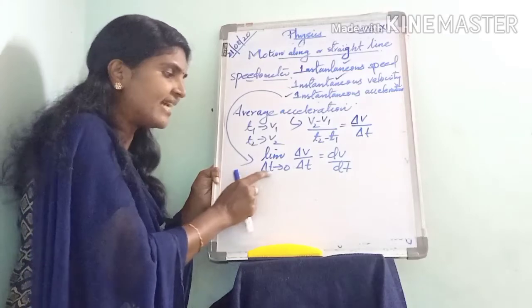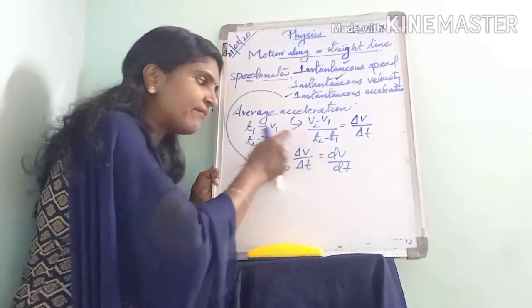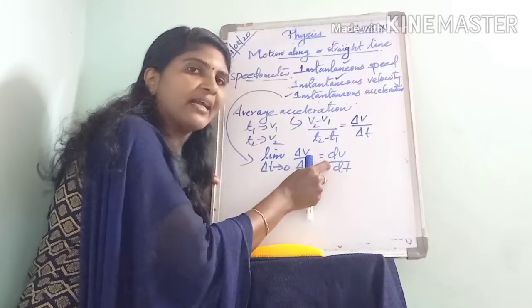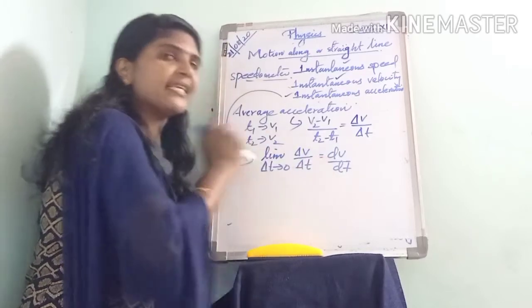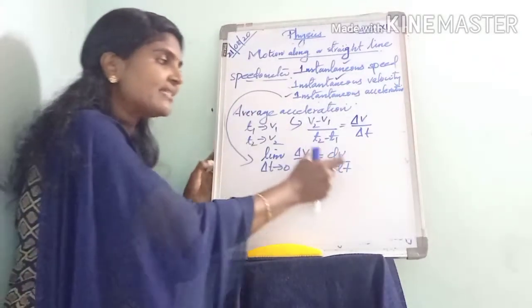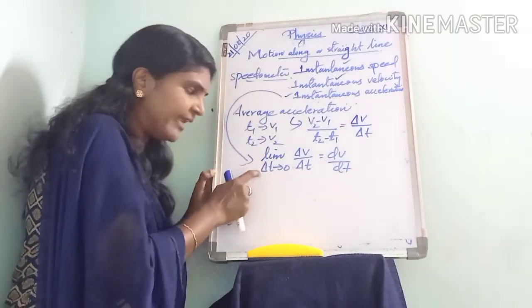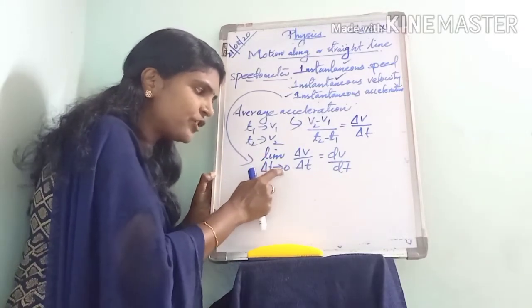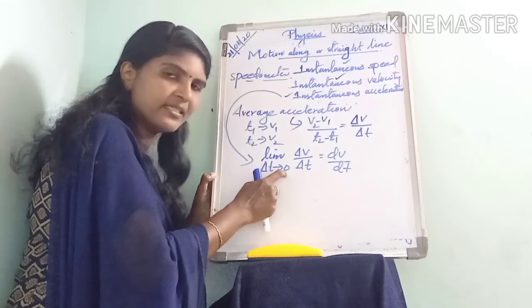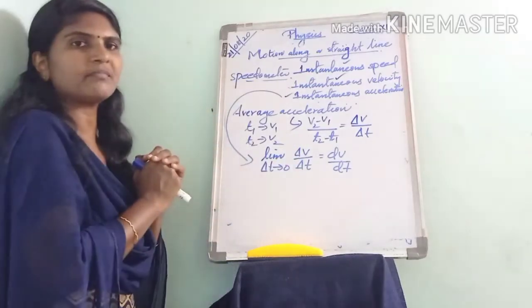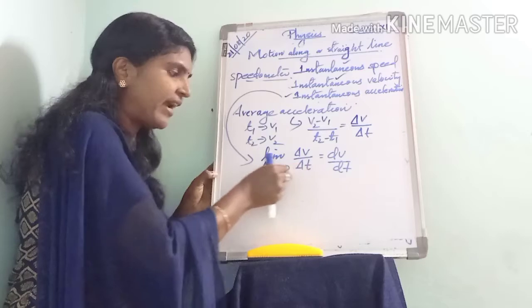So instantaneous acceleration dv by dt is equal to limit delta t tends to 0, delta v divided by delta t. This is the limiting value of what?